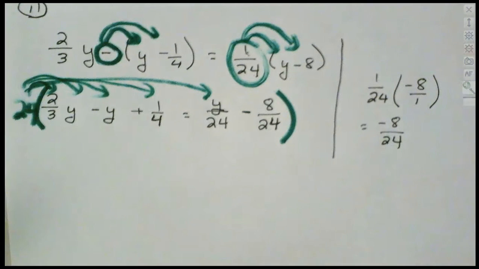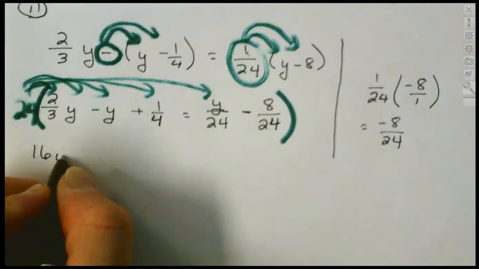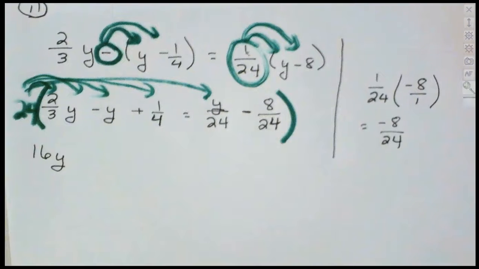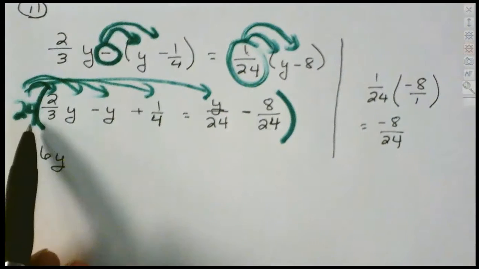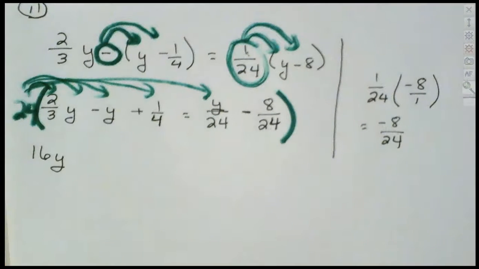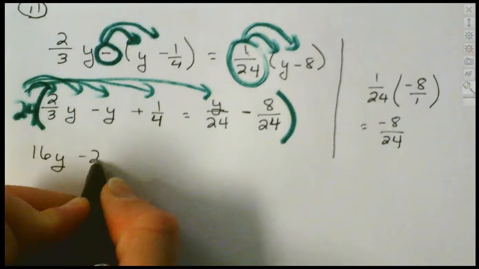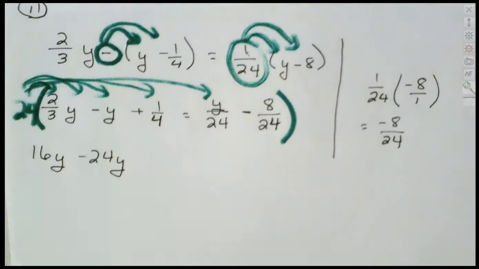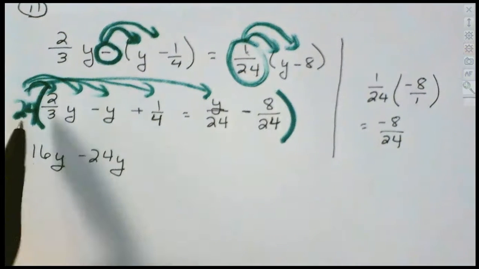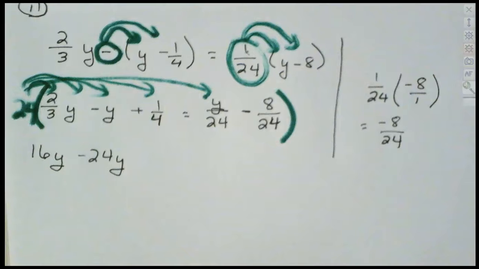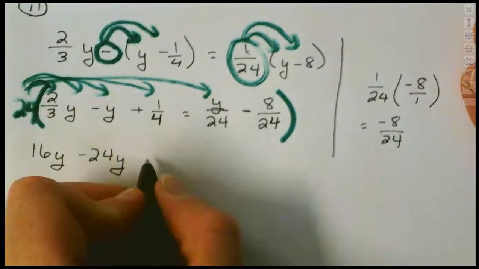And 8 times 2 makes it a 16, and we'll bring down the y with it. Then we've got 24 times a negative y. Well, that makes it a minus 24y. Then we've got 24 divided by 4. And 24 divided by 4, that's a 6. And 6 times 1 makes it a 6.